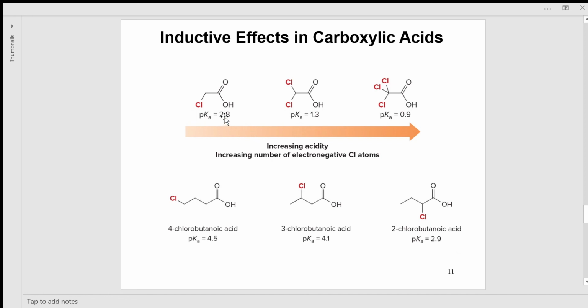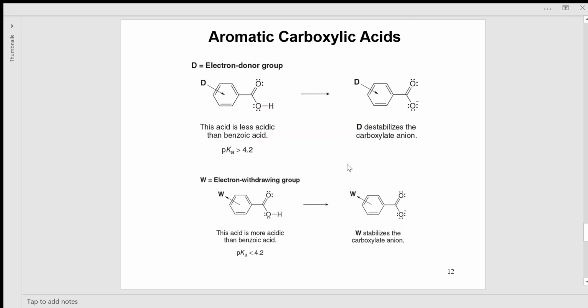All right, this is a different inductive effect. Again, the electron withdrawing group increases the acidity. This is about the carboxylic acid strength of the aromatic acid, benzoic acid, and its derivatives.